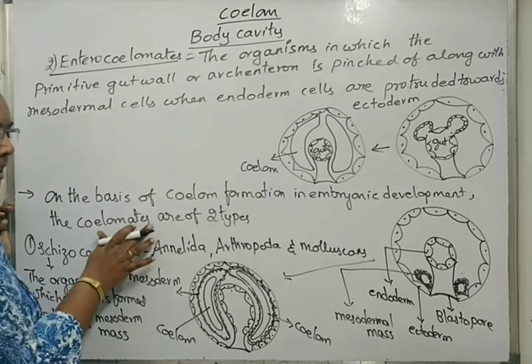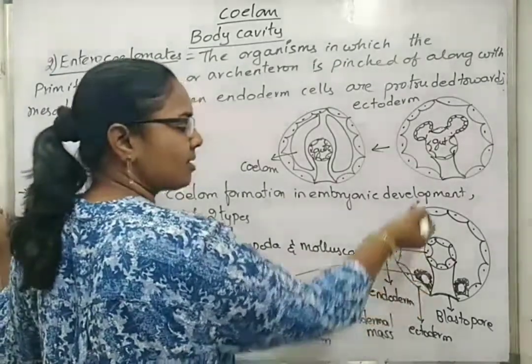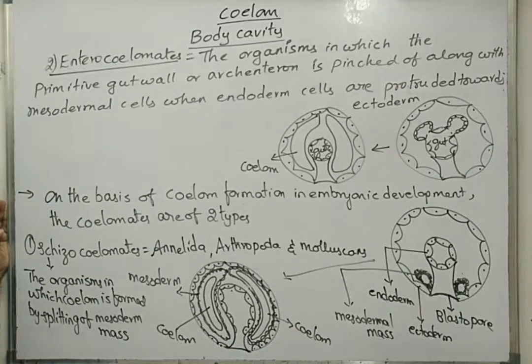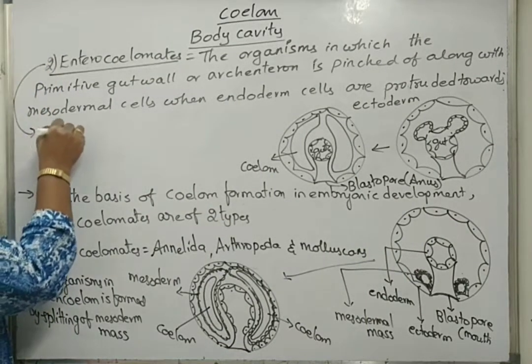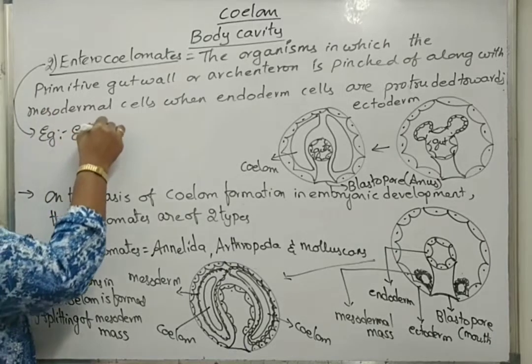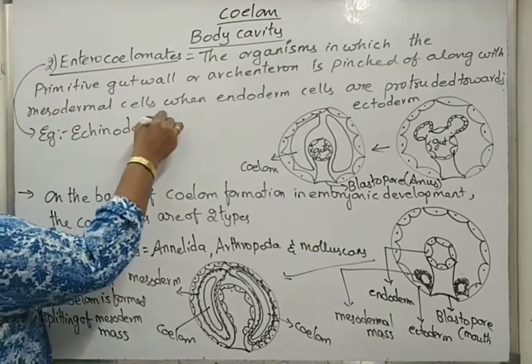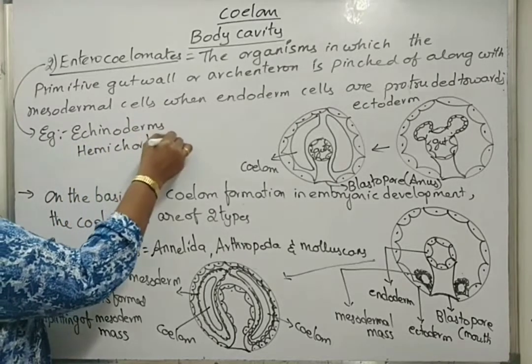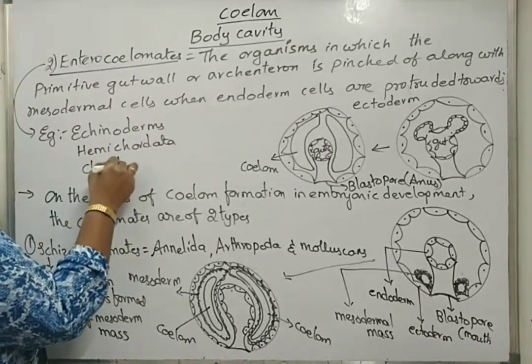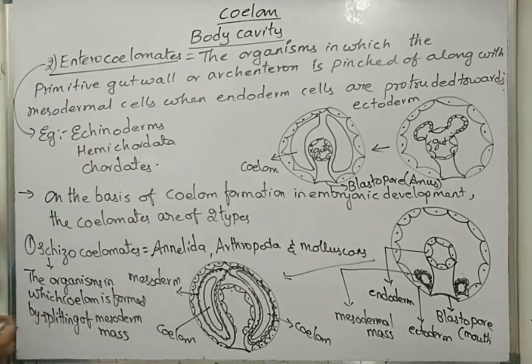In case of schizocoelomates, the mesodermal mass will be converted into coelom. So examples for enterocoelomates are echinoderms, hemichordata and chordates. This is about coelom.